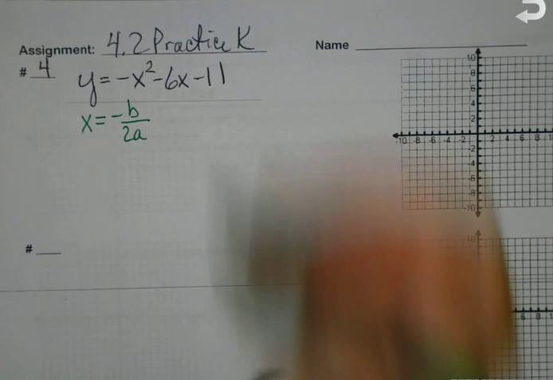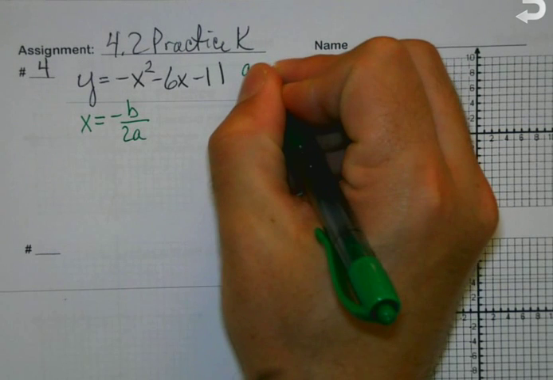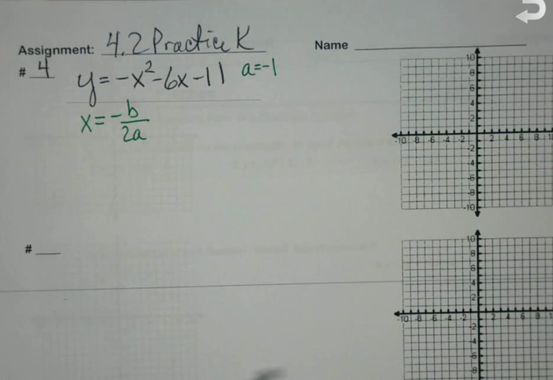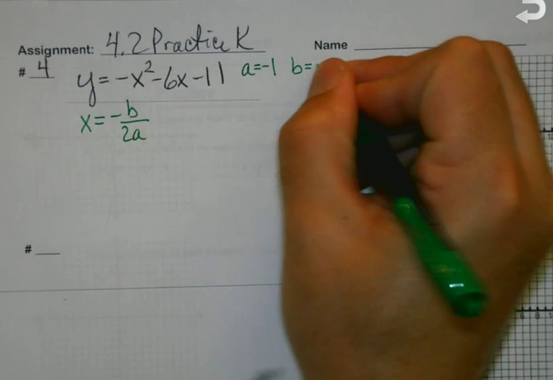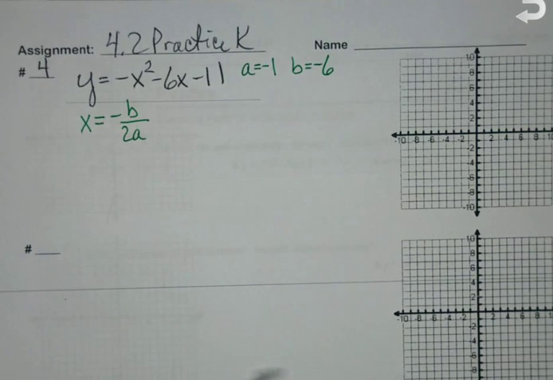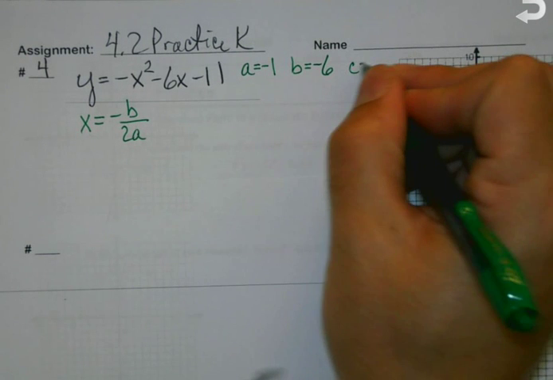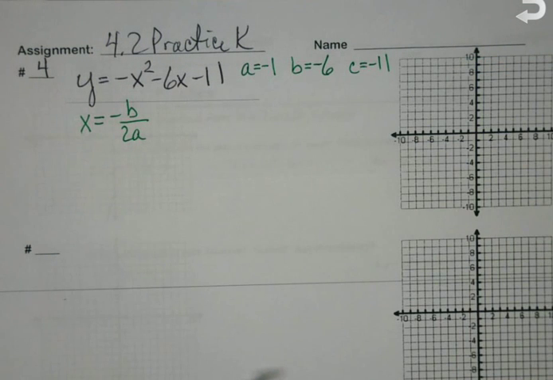So again, just as a reminder to myself, I'm going to jot down my a, the number in front of x squared, my b, the number in front of x, and my c, my constant term, the number at the end, the negative 11. Now they all can come into use, but we're going to see if it actually helps us or not here. So, negative b over 2a.